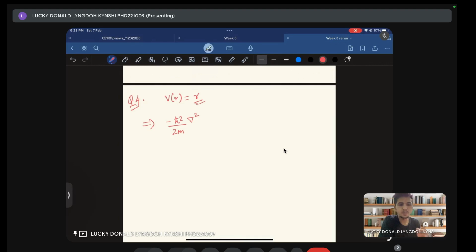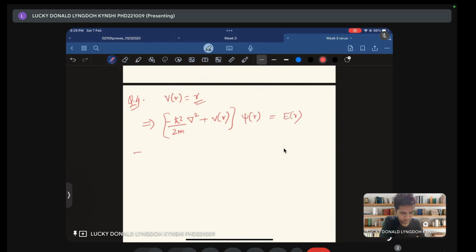It's not simply d square psi by dx square. It will be del square in 3D plus the potential V of r, psi of r equal to E psi of r.